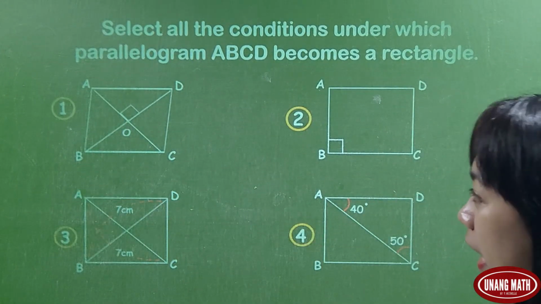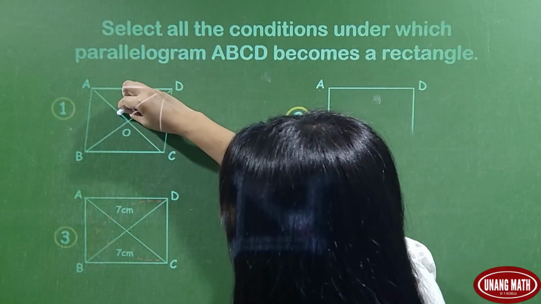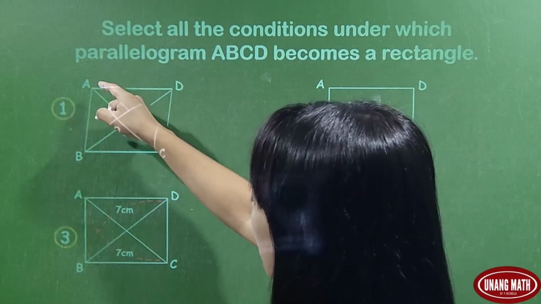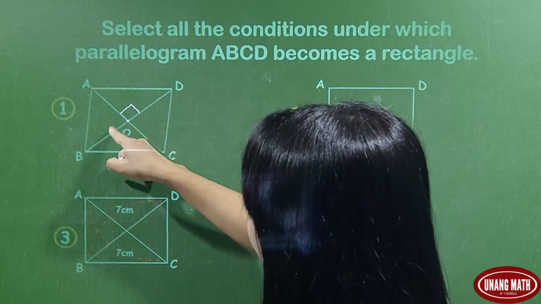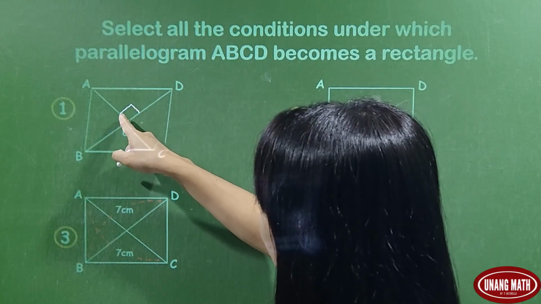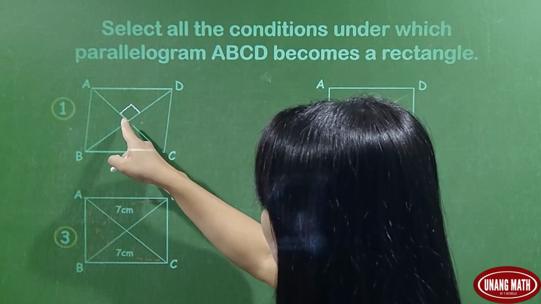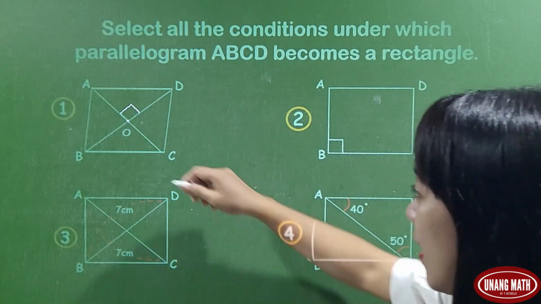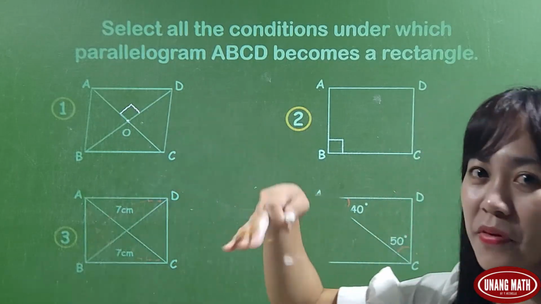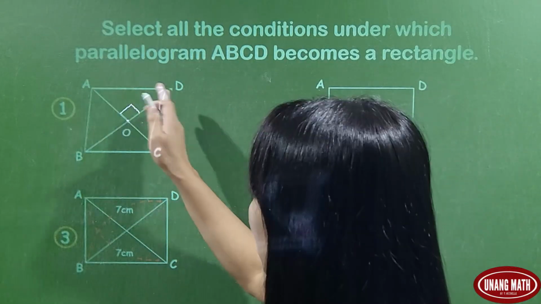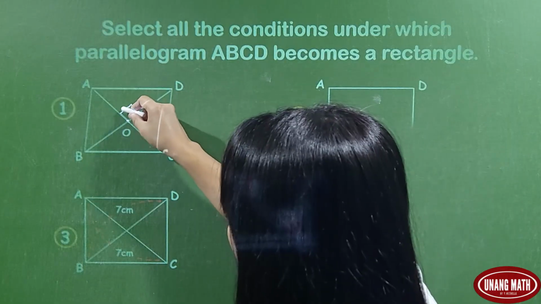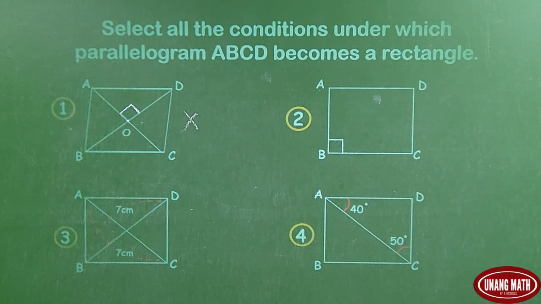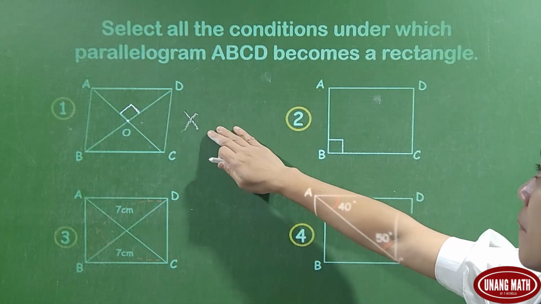It's indicated here that the angle where these two diagonals intersect is 90 degrees. I didn't mention in our discussion a while ago that when these two diagonals meet, there will be a right angle formed here. So this is not correct.